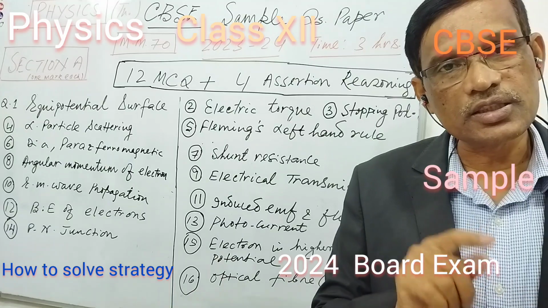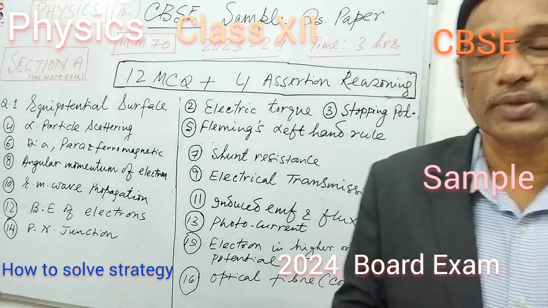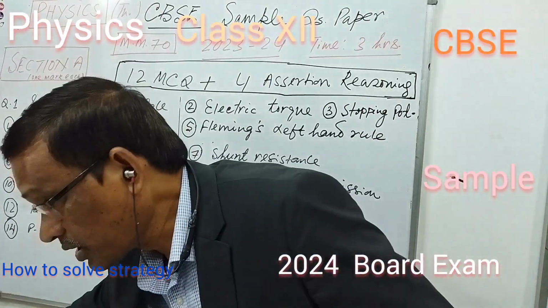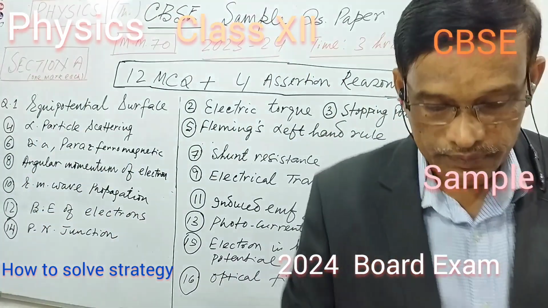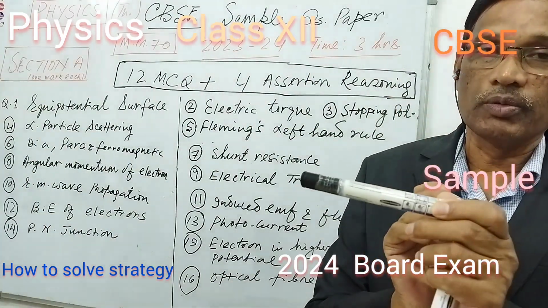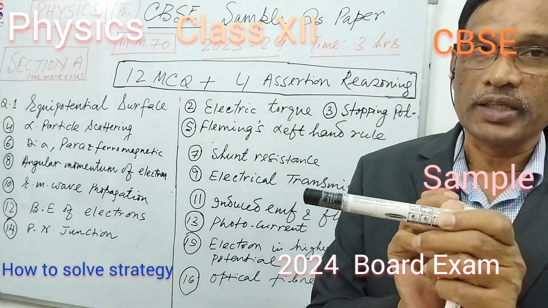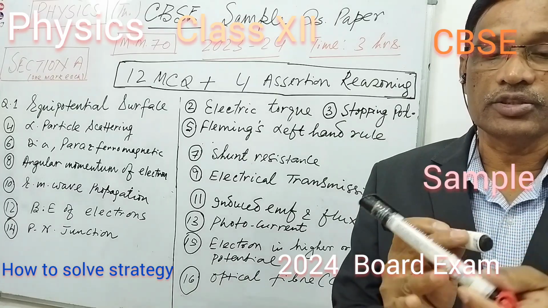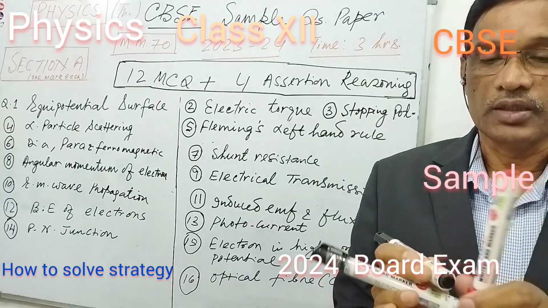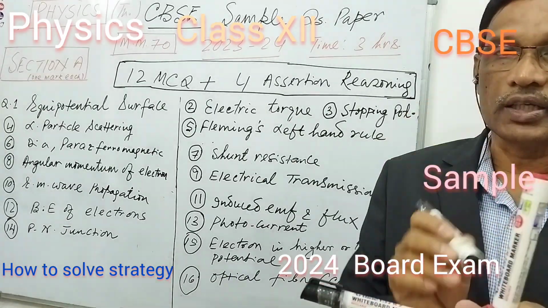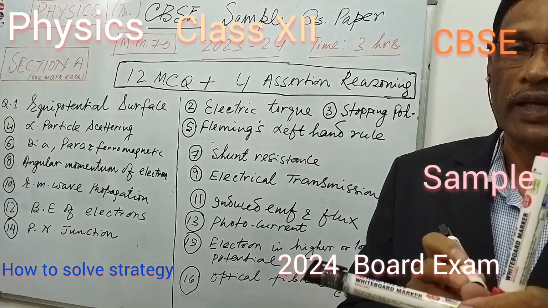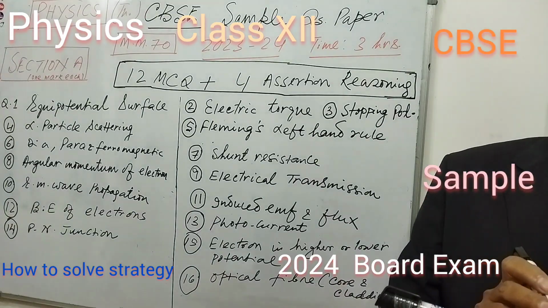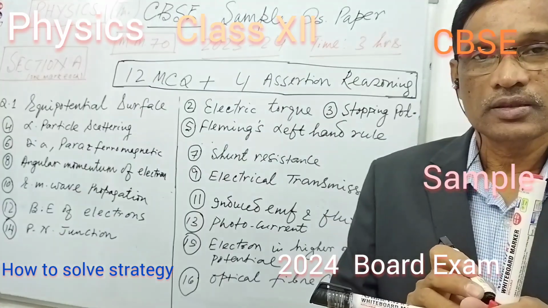Don't simply answer the objective type questions of the CBSE samples, but thoroughly prepare for Fleming's left hand rule, as I've told you all, and quickly remember it. If the electron's movement is given along the positive x-axis, and the magnetic field along the y-axis, and the direction of the force is asked, I hope you can apply it.